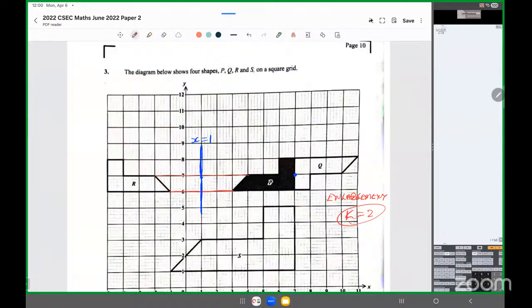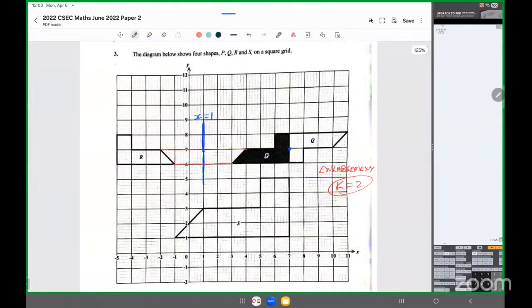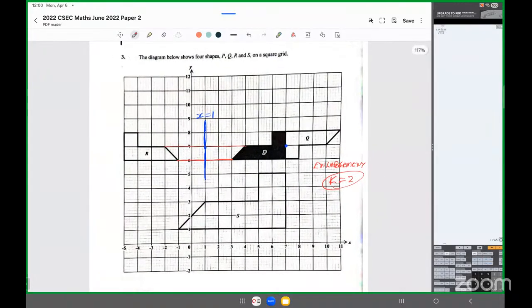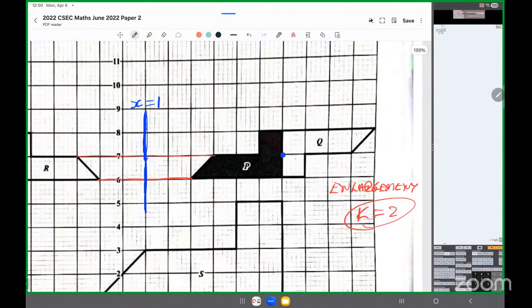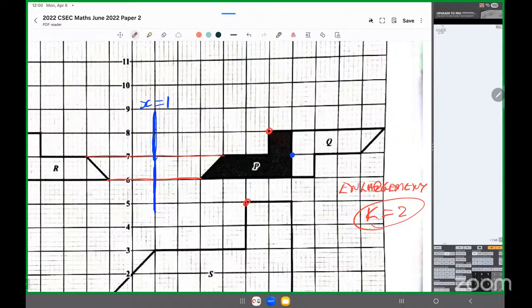Then they want you to find the center of the enlargement. To find the center of the enlargement, you join the corresponding points and extend them out. So for example, you can join this point and this point and extend it.